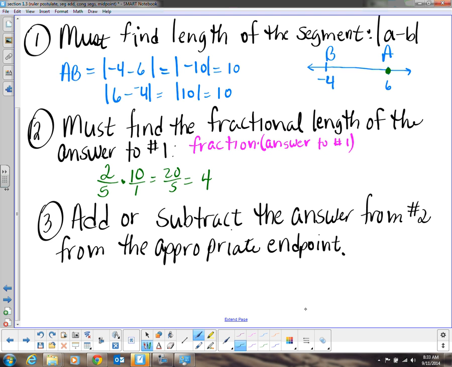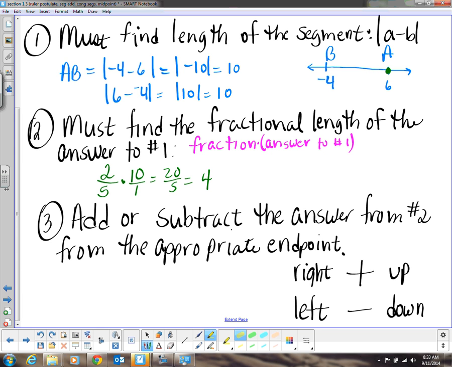So, when do we add? You add when you move to the right or when you go up. When do you subtract? When you move to the left or you go down. Very important. This is an important piece right there.